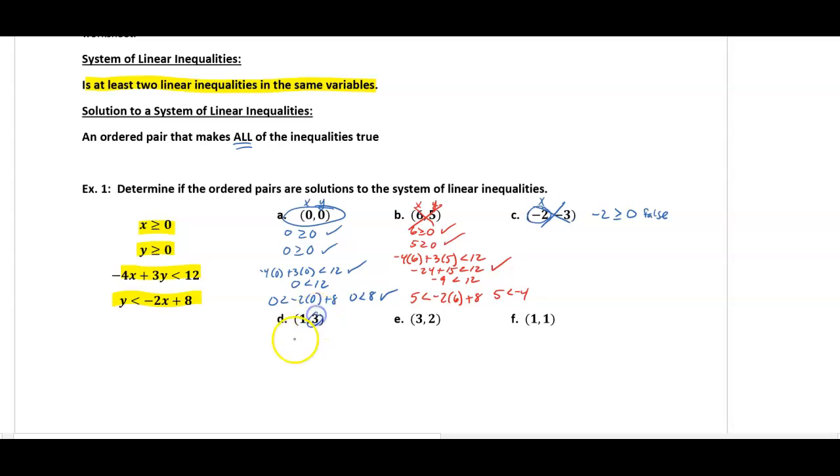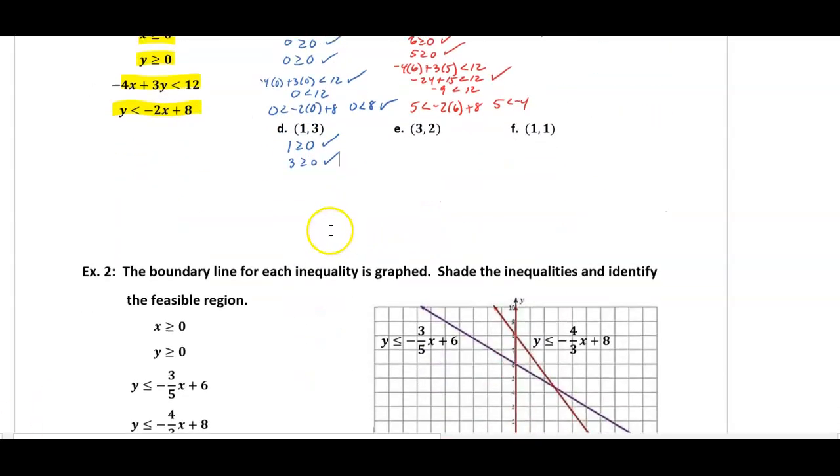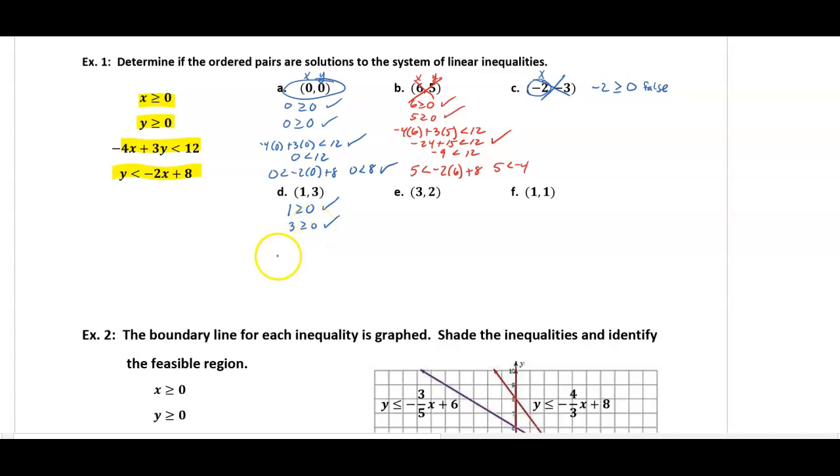The next one, if x is 1 and y is 3, is 1 greater than or equal to 0? Good. Is 3 greater than or equal to 0? Good. Now, is negative 4 times 1 plus 3 times 3 going to be less than 12?